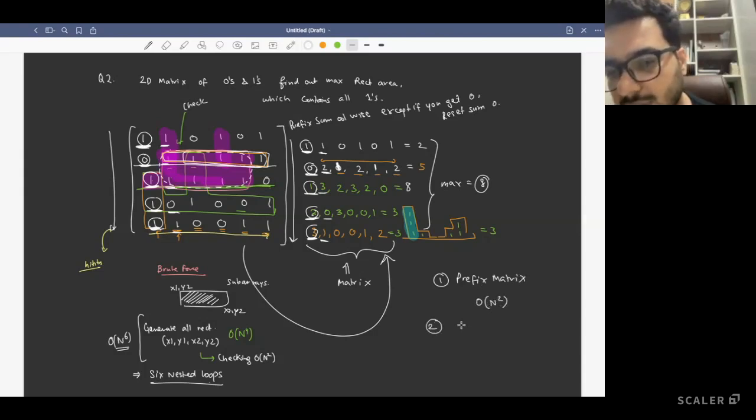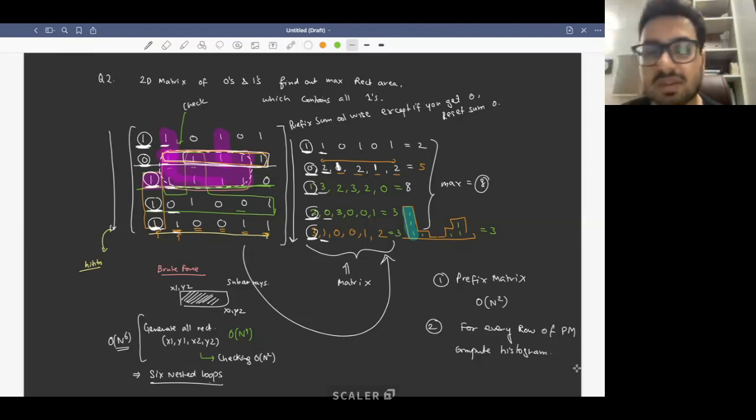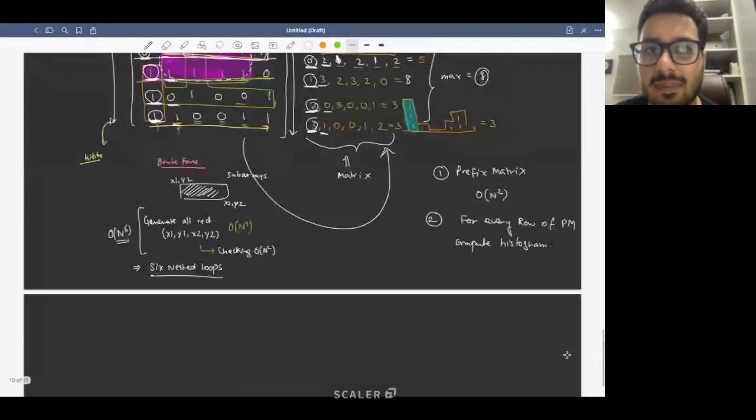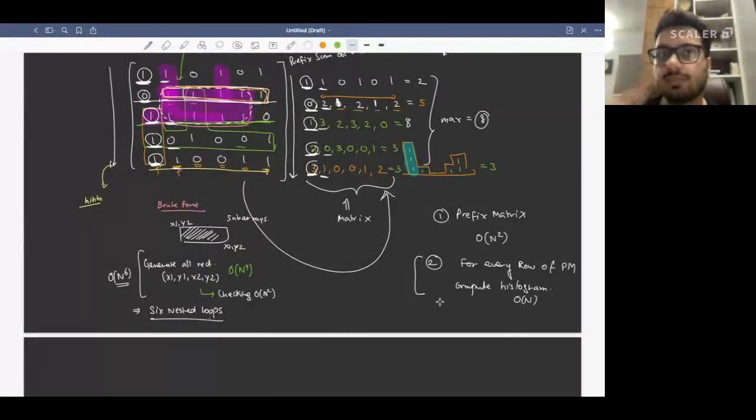Now for every row of the prefix matrix, compute histogram. How much time for histogram? Linear time, order n, right? And how much time for every row? You have n rows. For every row, you are taking n time. Order of n square time, right? That's it.